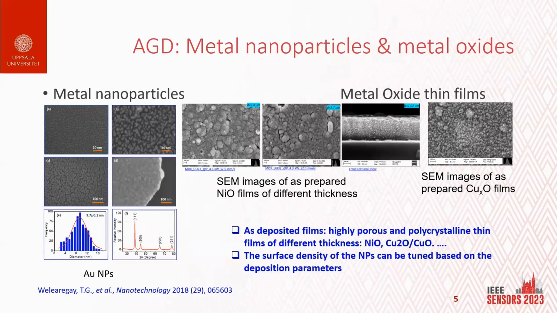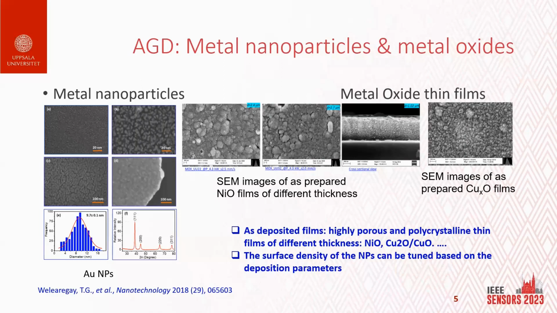We have previously produced different types of nanoparticles, depending on the parameters and the power. You could have very monodispersed nanoparticles, or very continuous thick films of layers of nanoparticles. You can also have very porous nickel oxide films and copper oxide films.